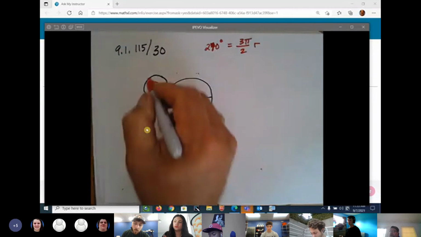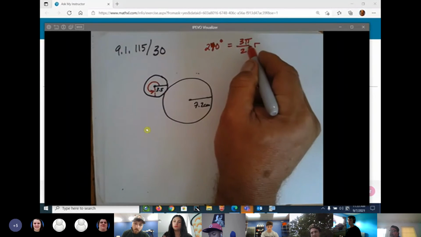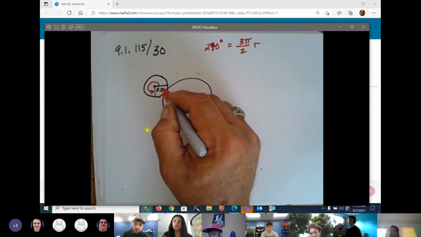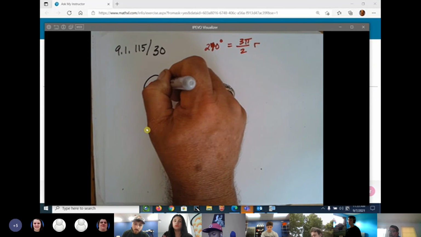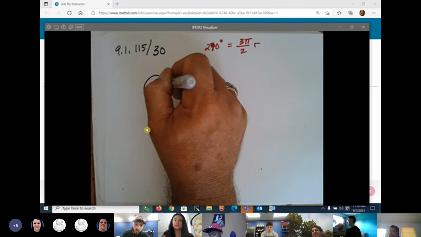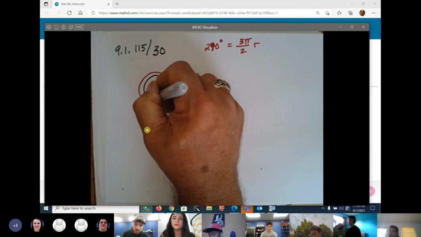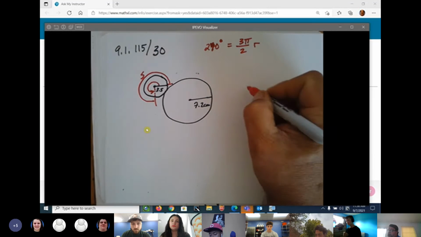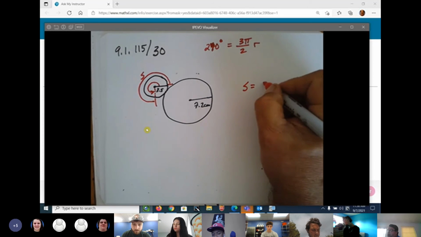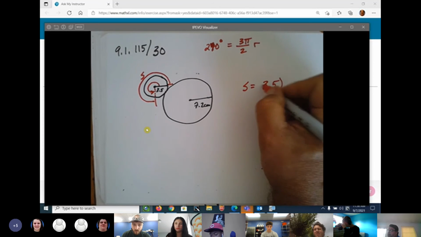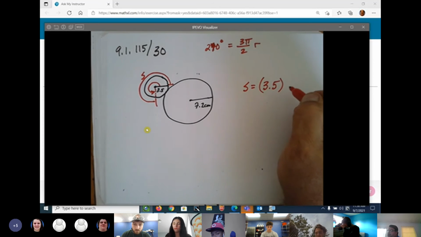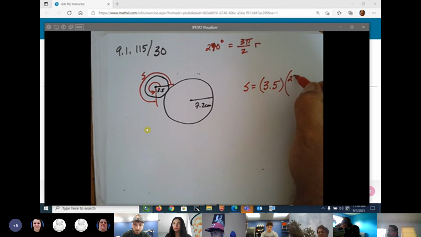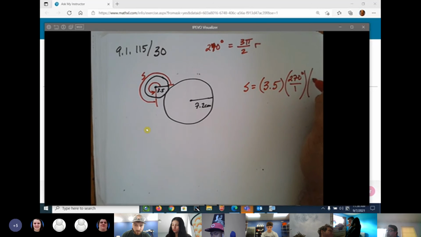So this red area represents 3 pi over 2. So that would turn from here to here. That would be our S. So S is equal to 3.5 times, well, we got to do 270 degrees over 1 multiplied by pi over 180.